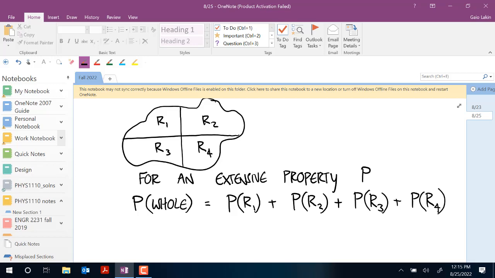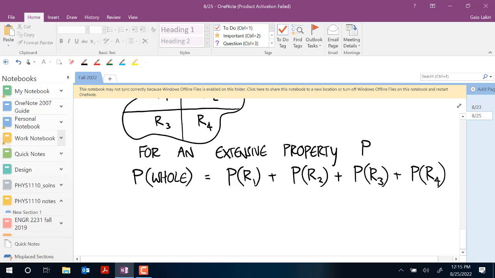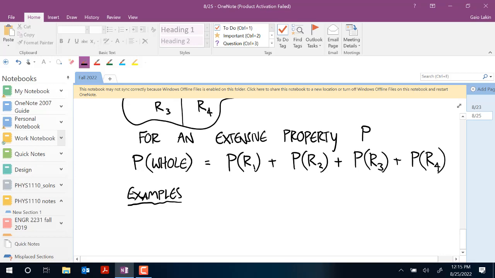So you can't talk about the mass without choosing an amount of material to deal with. So examples are the mass, and we'll denote that with a lowercase m.